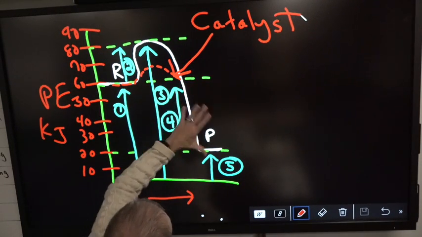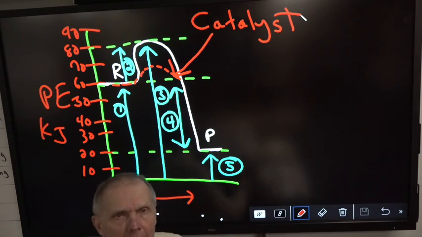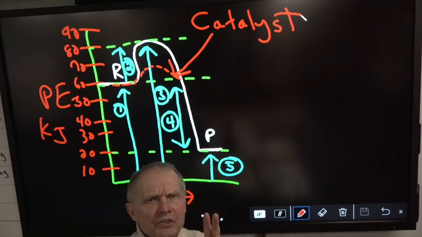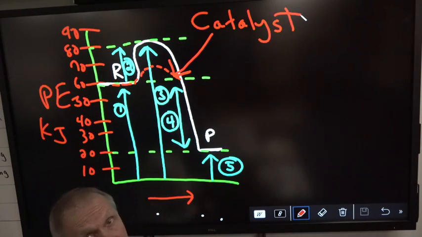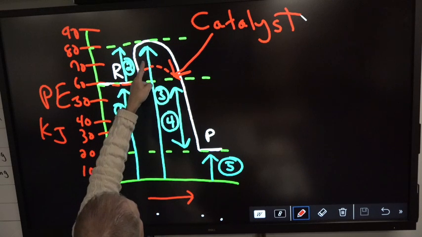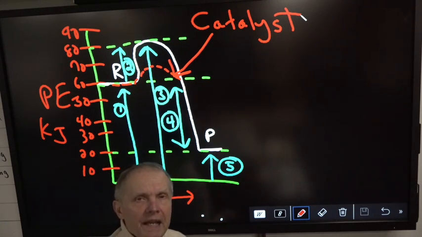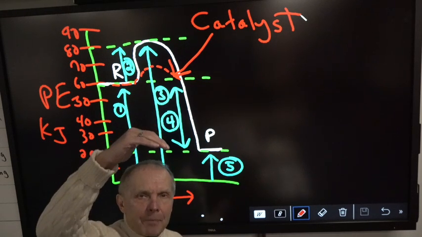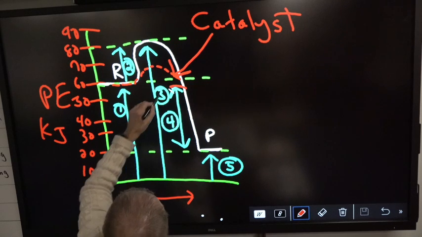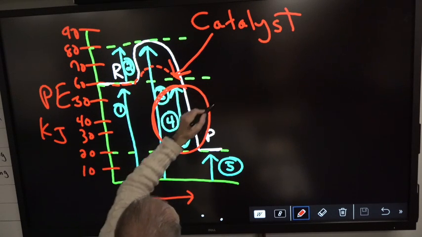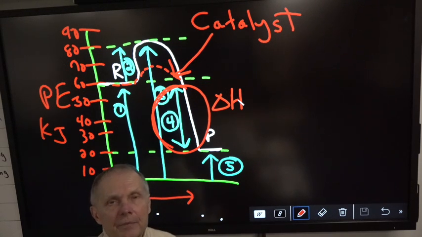It didn't make any more energy because it didn't touch the delta H, but it did do two things. It changed two line segments. It cut down the activation energy, and it also cut down the activated complex. So when you put in a catalyst, it knocks the top down a little bit from the reaction, but it never ever changes the delta H. That stays the same.